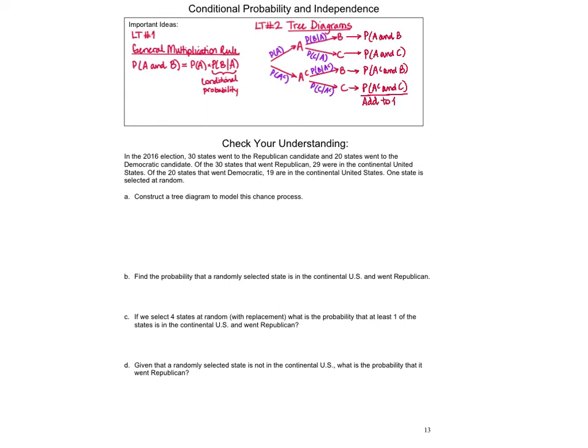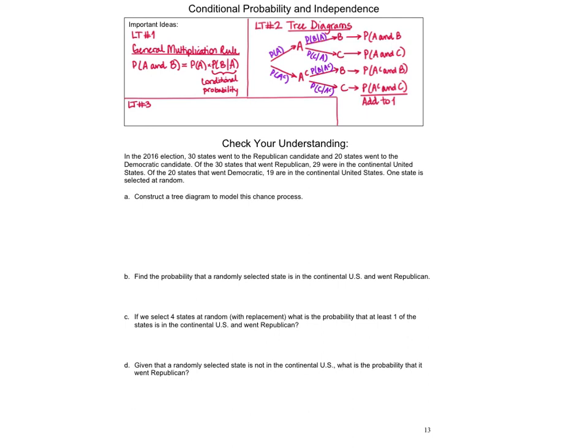And that brings us to our third learning target, which is, when appropriate, use the multiplication rule for independent events to calculate probabilities. And independence, you may remember, is associated with our conditional probabilities.